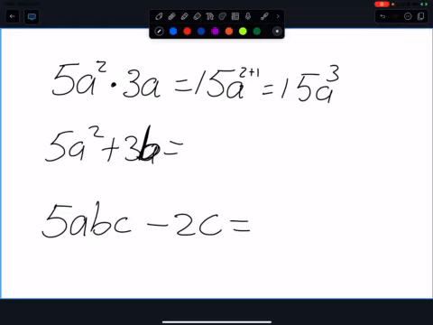Both of them need to be ABC in order to subtract. One is ABC, one is C. No, they're not the same, so it is not possible. Same with addition. Can I do it? No, because they have to be exactly the same. It has to be 5ABC plus 2ABC. Then it becomes 7ABC. If not, nothing happens. It stays the same.